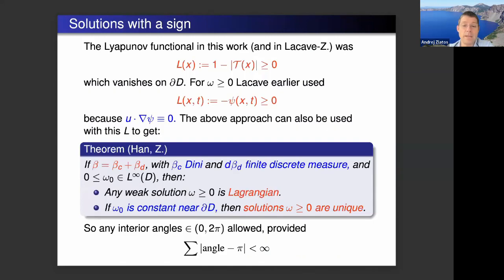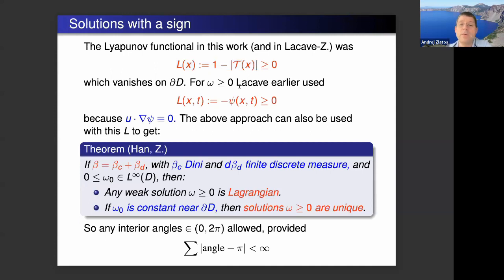And finally, let me mention a second result we obtained with Han, and this one is along the same lines as Lacav's original result. So I told you that there were Lyapunov functions involved, and in the result that I described until now, the Lyapunov function was just the distance from the boundary if we map everything onto the unit disk.